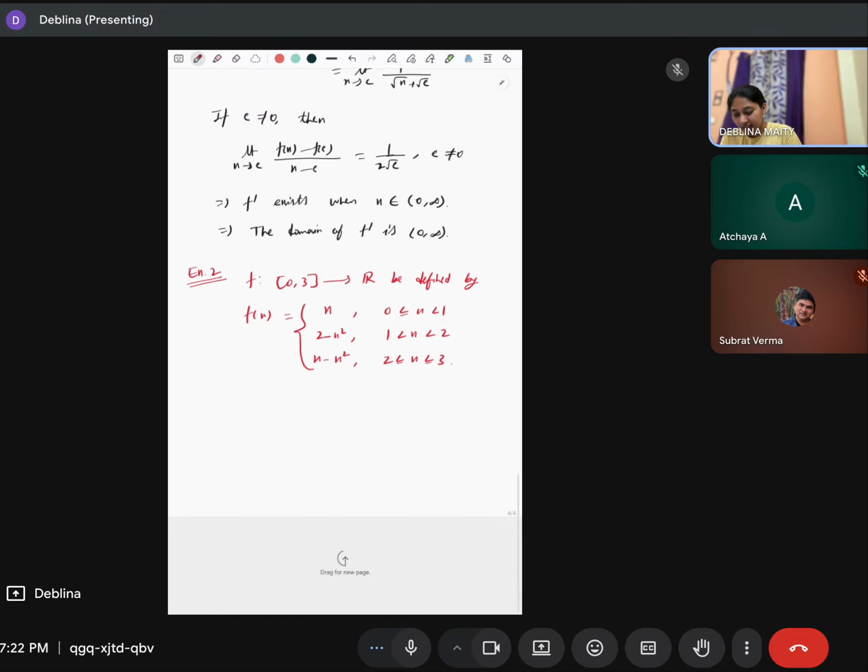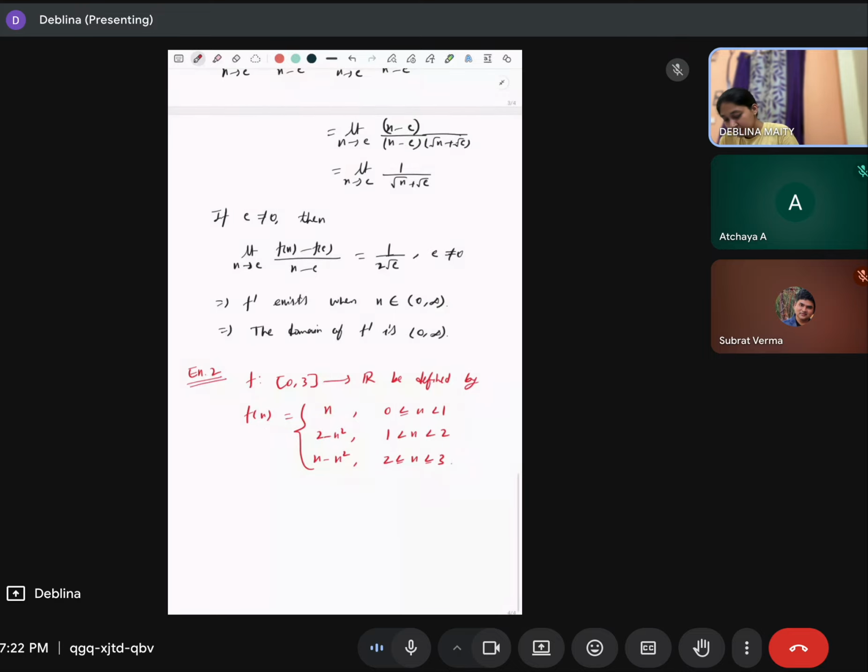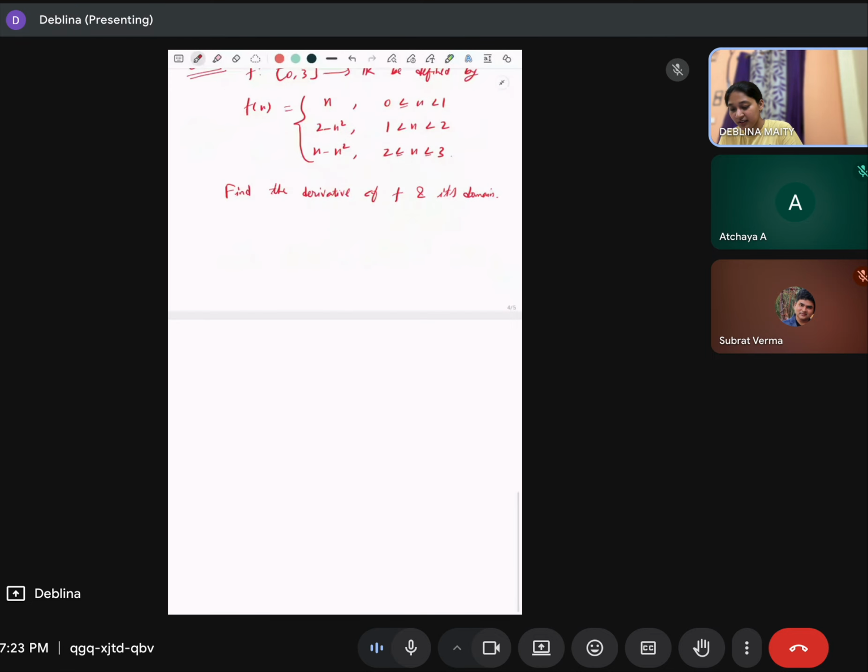This is f, and so I have to find the derivative of f and its domain, of f dash. Right, this we have to find.